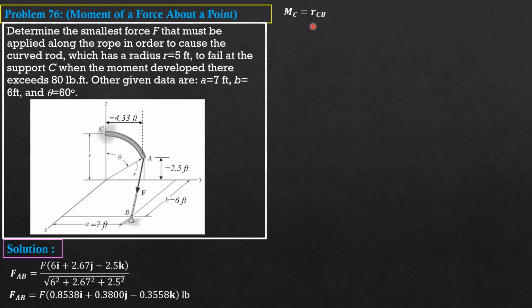So MC therefore is, let's just apply the vector approach in order not to complicate the drawings here. So r_CB cross the force.